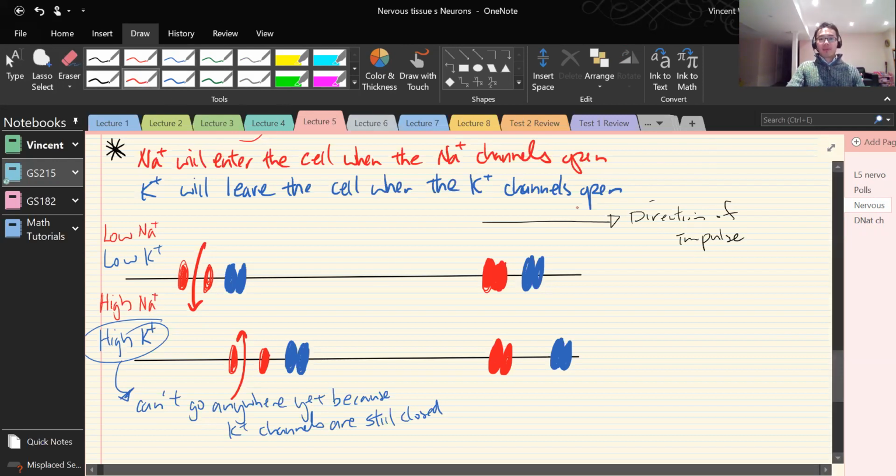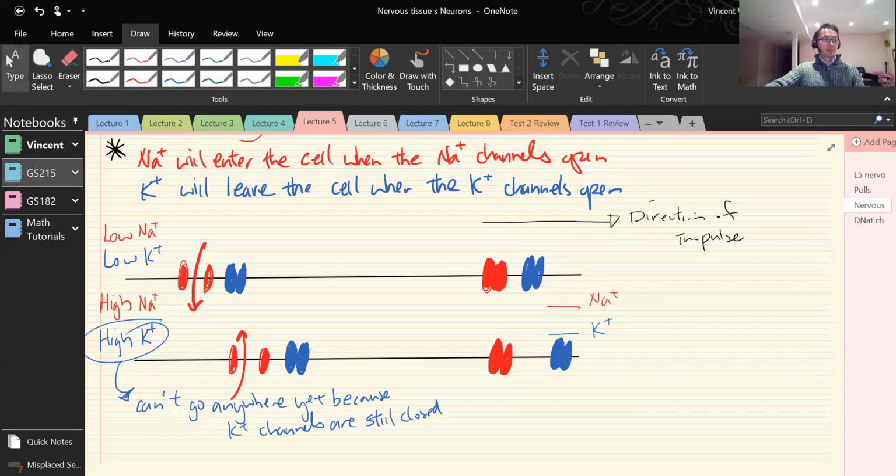So here we go again. What should I put for sodium over here, high or low? And what should I put for potassium? Let's focus on the sodium. Is it high or is it low? Let's think about that one.